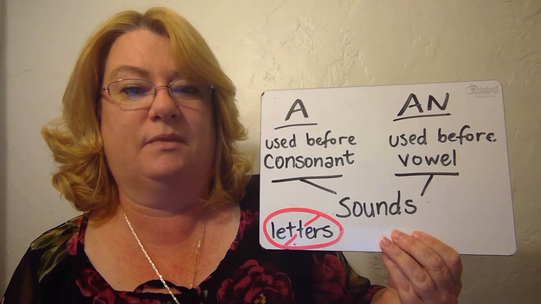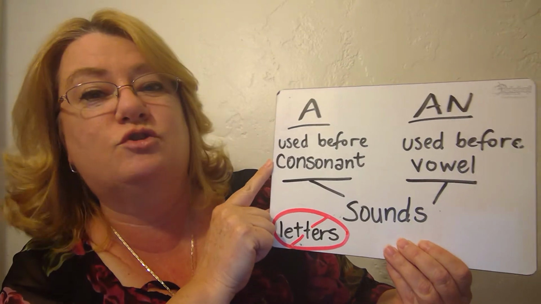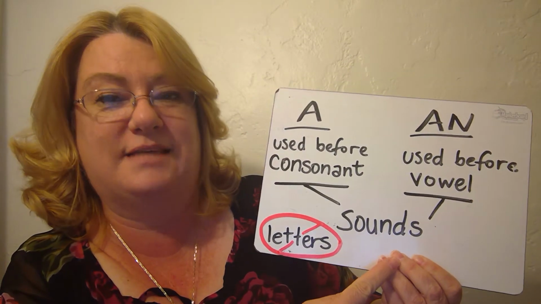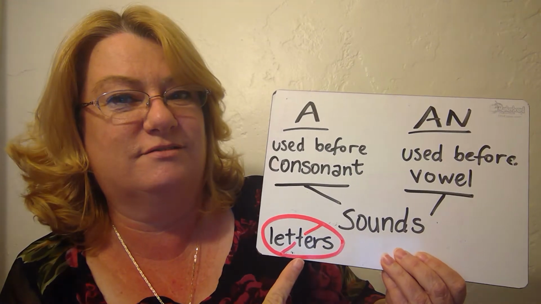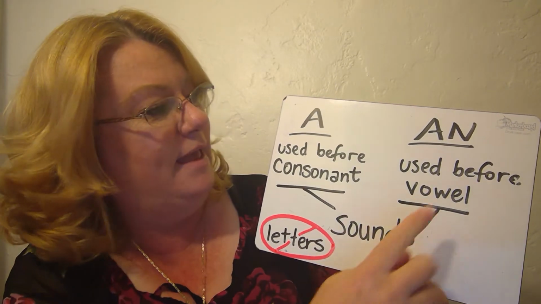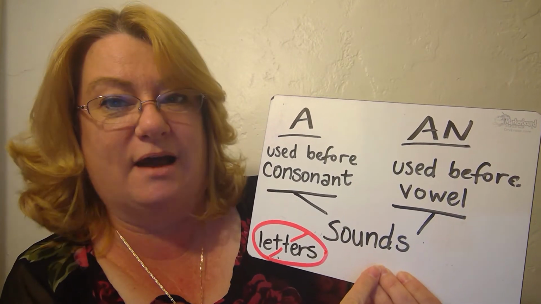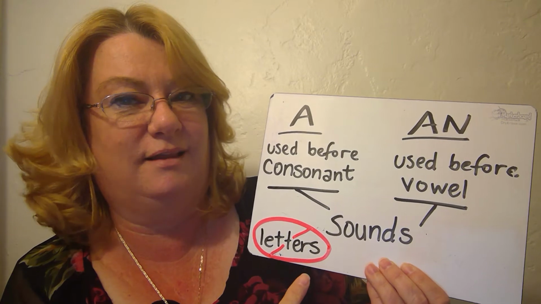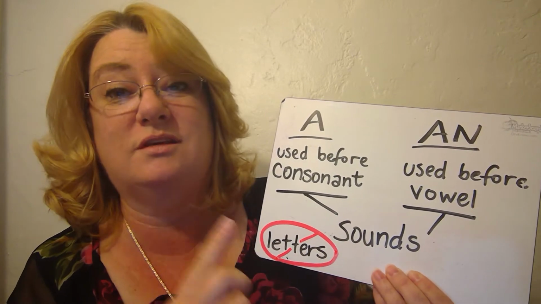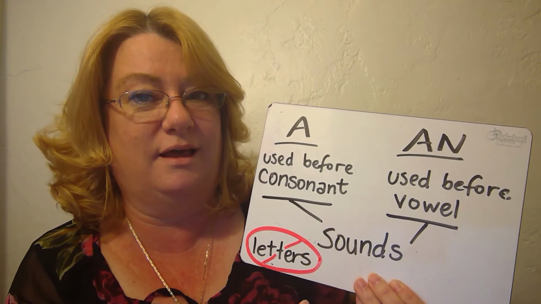A is going to be used before consonant sounds, not letters. Usually it is the letter, but it's the consonant sound that's important. An is going to be used before vowel sounds, not the letters, sounds. These are the important things to remember.